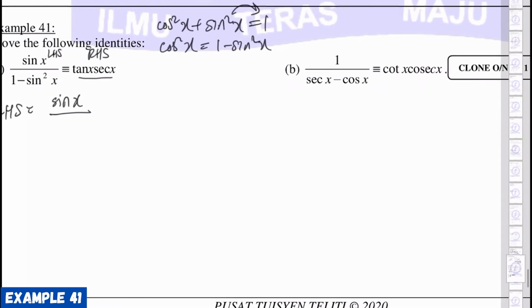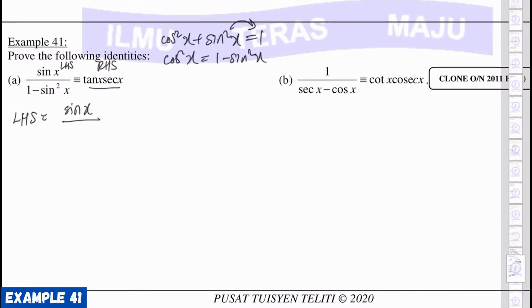Likewise, if I bring my cos square over, then I'll get sine square, and sine square is always 1 minus cos square. It's always the reverse. So we can always change the one with square, and in this case, 1 minus sine square over here, we change to cos square. And at this stage, if you're not sure, have a look at the right hand side. Right hand side, you have tangent. Now we know tangent is sine over cos.